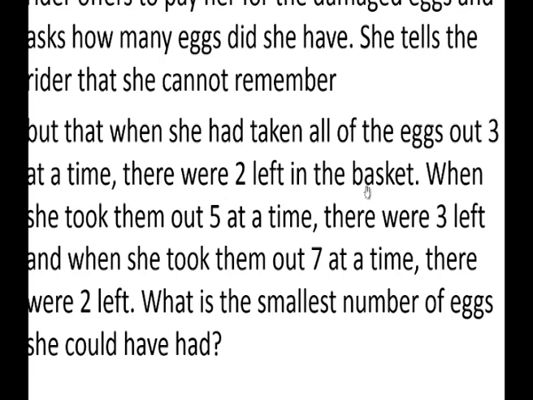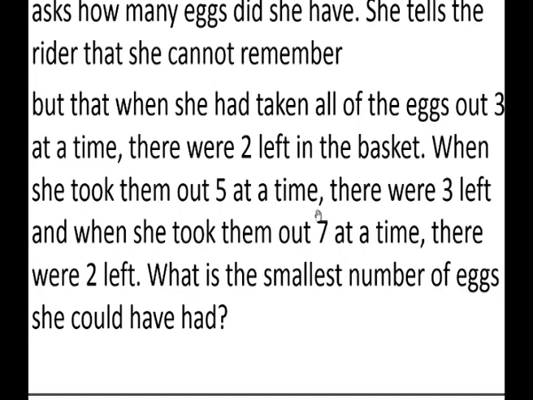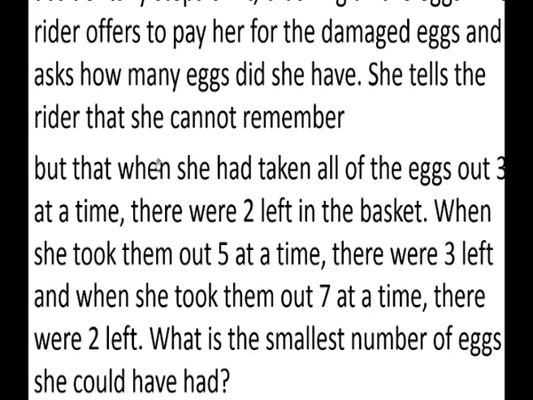Each time she takes 3 eggs, the remaining will be 2. Similarly, when she took them out 5 at a time, there were 3 left. And when she takes 7 at a time, there will be 2 left.